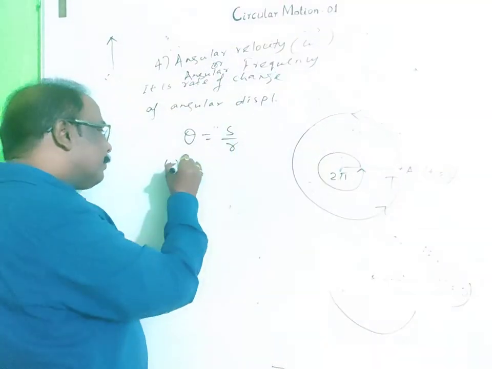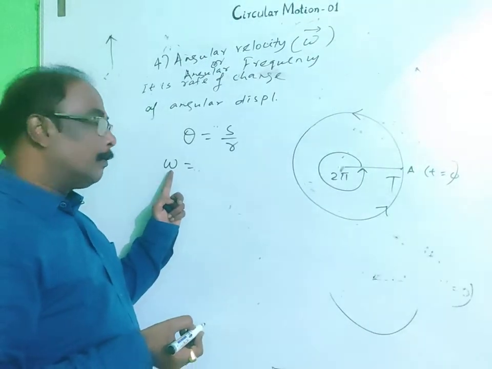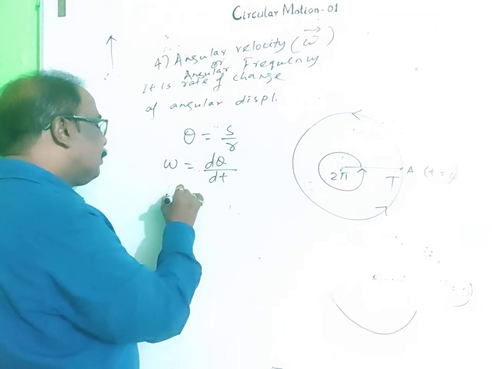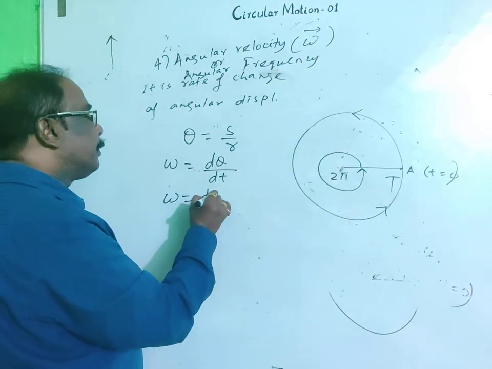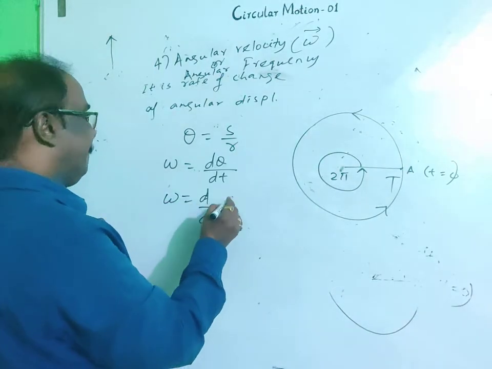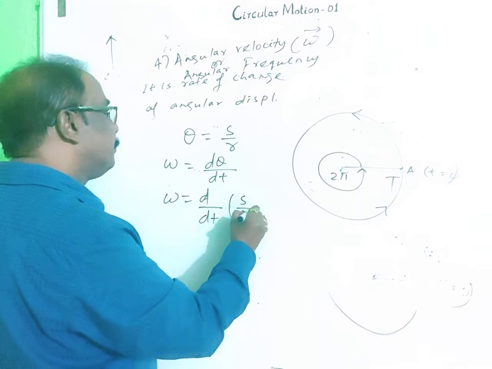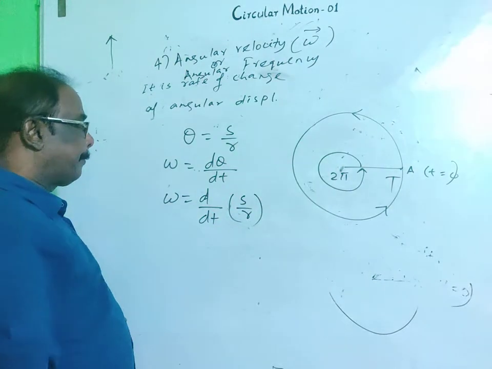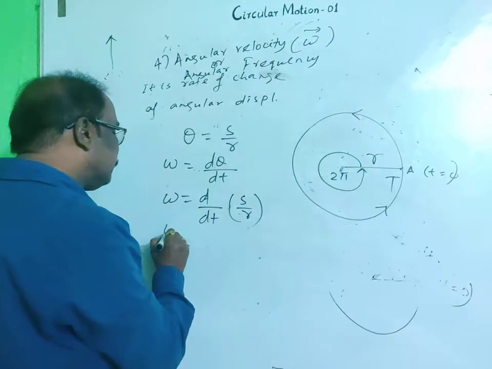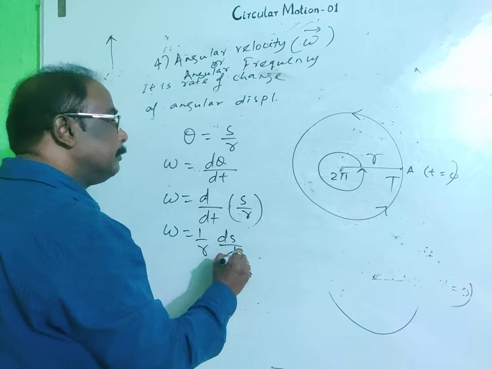And for instantaneous angular velocity, I am taking the magnitude of angular velocity as d theta by dt, means d by dt of theta. Theta is equal to s by r. Then r is constant, the radius is constant, so omega is equal to 1 by r into ds by dt.